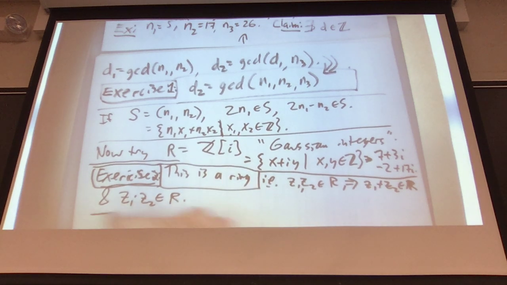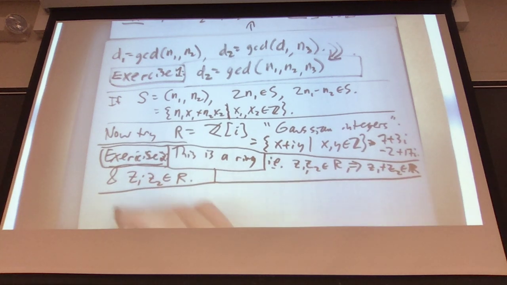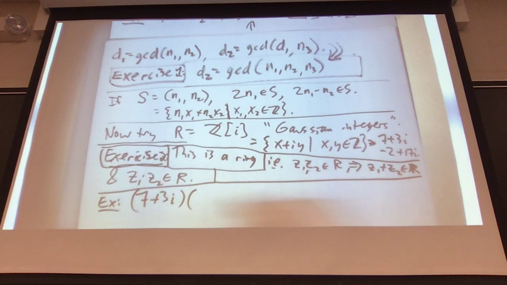So let's think about this for a second. What is 7 plus 3i times negative 2 plus 17i? Aren't we going to get something weird? Are we going to get something of the form an integer plus i times an integer? Yes. Okay, take 10 seconds and just compute this and tell me what you get.